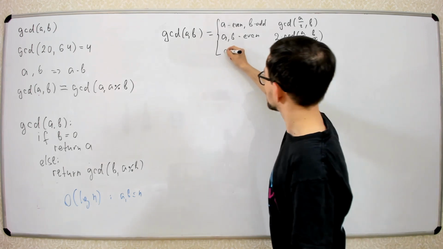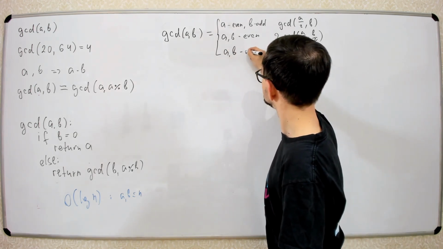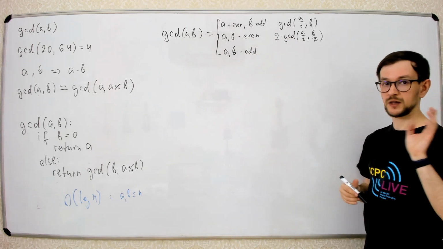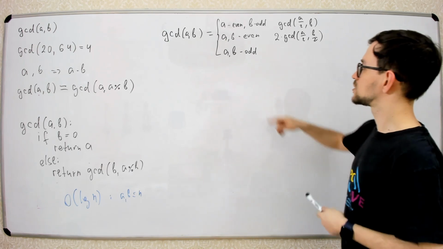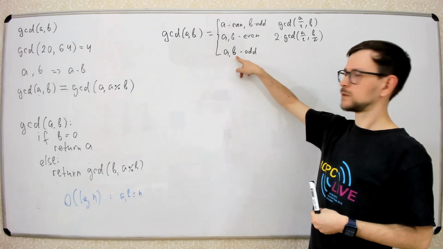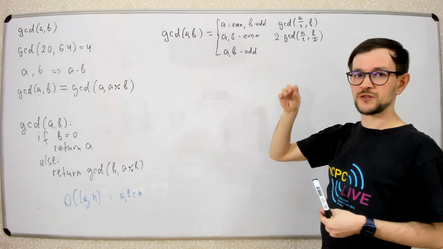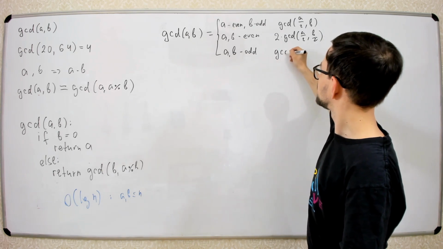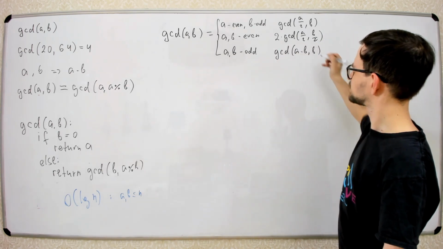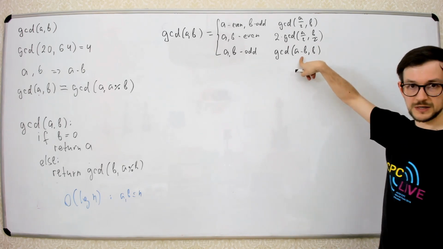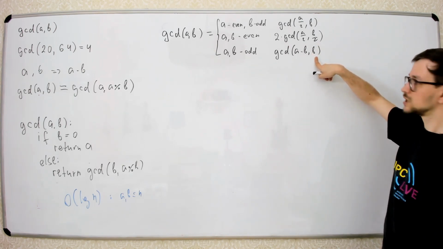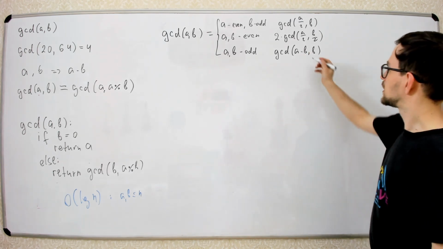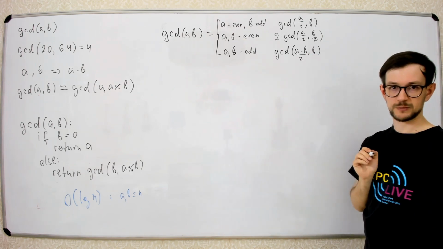And finally, if both integers are odd, then we can subtract. Let's subtract A from B. When we subtract A from B, or B from A, it doesn't matter, the result will be even. So GCD will be equal to GCD of A minus B and B. This one is even, this one is odd. Again, 2 is not a common divisor of these two things, so we can divide this one by 2 and get the same result.